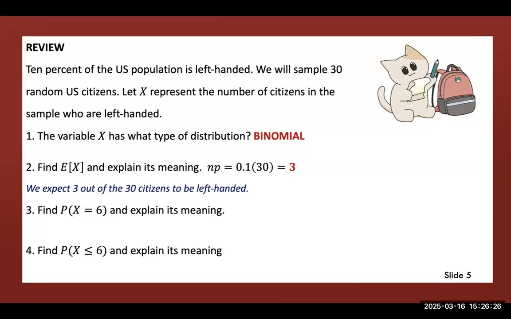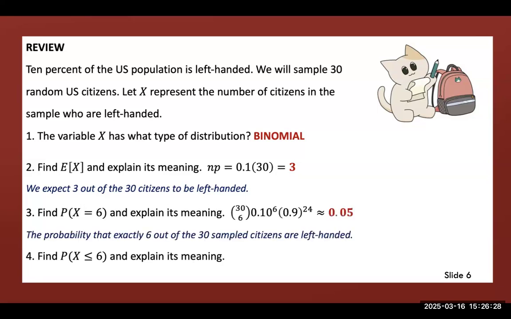Whenever it says equals, we have to do 30 choose 6, multiply that by, well, we want 6 people to be left-handed, so it's the success probability raised to the 6. There's 30 people, 24 of them would have to be not left-handed, and that chance is 0.9. So 0.9 to the 24, if we multiply all this up, we'll get about 0.05. So there's about a 5% chance that exactly 6 out of 30 sampled citizens are left-handed.